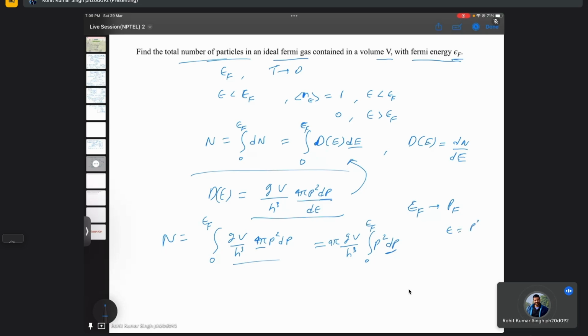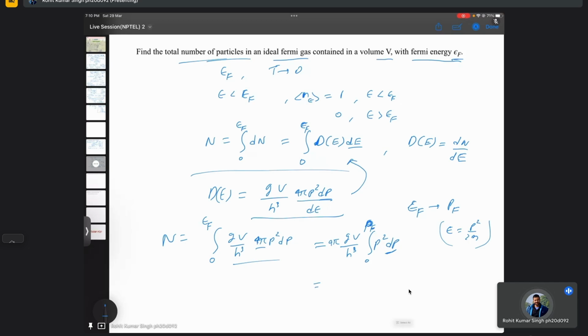E is equal to p square by 2m. So instead of integrating from 0 to Fermi energy, we can integrate from 0 to Fermi momentum. This is fine.